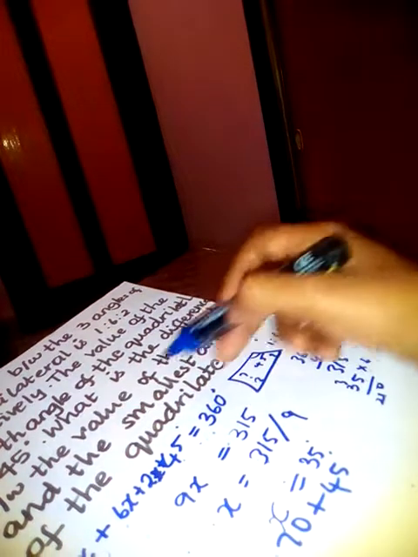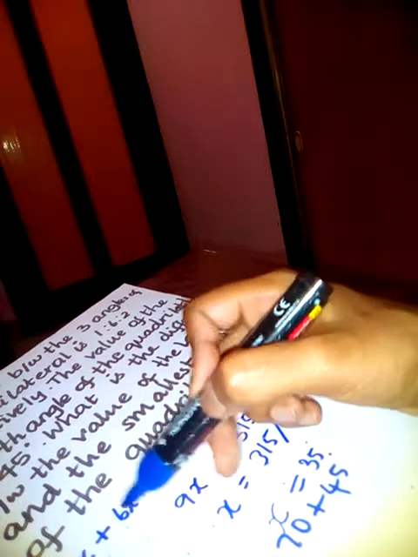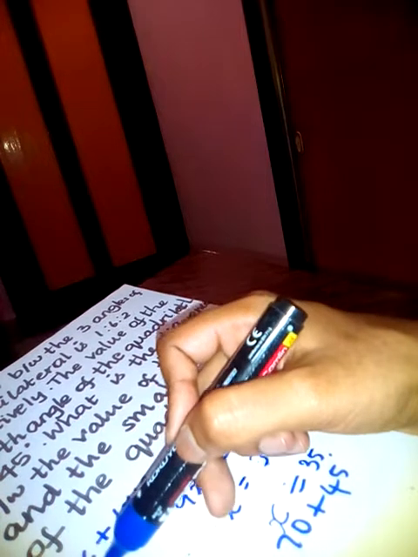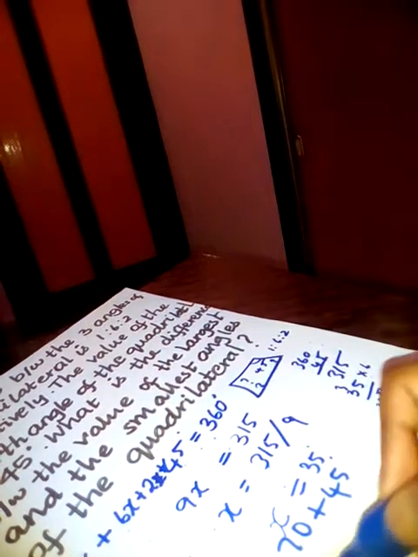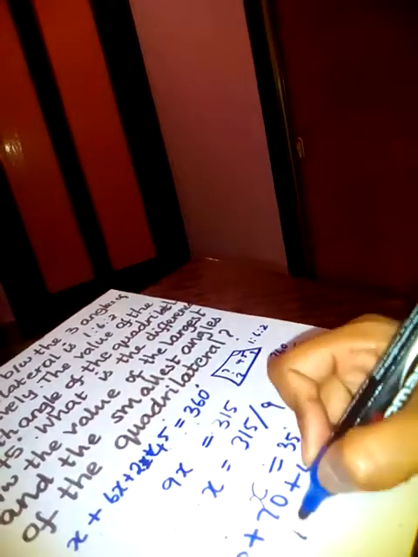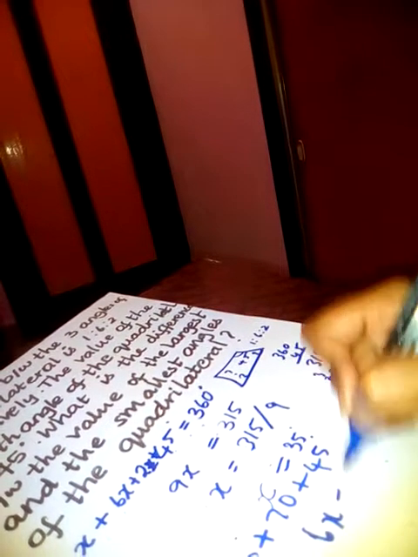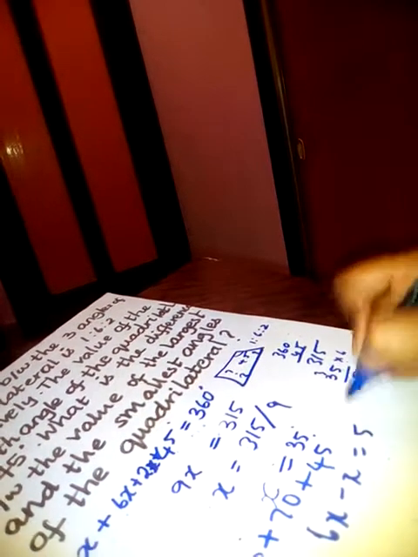What is the difference between the value of the largest and the smallest angle? Here the largest angle is 6x and the smallest angle is x. Hence 6x minus x is 5x.